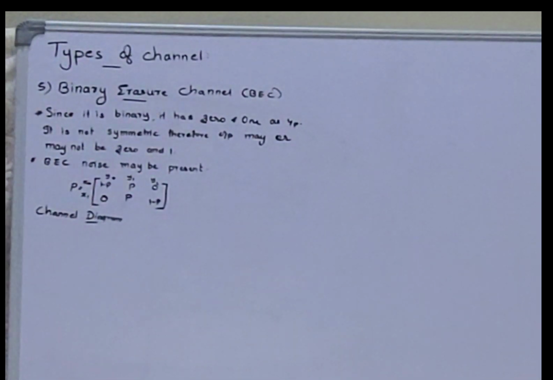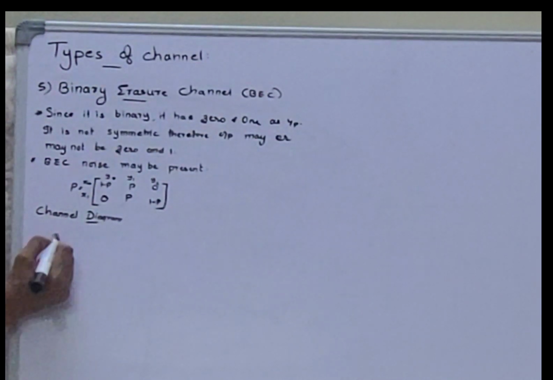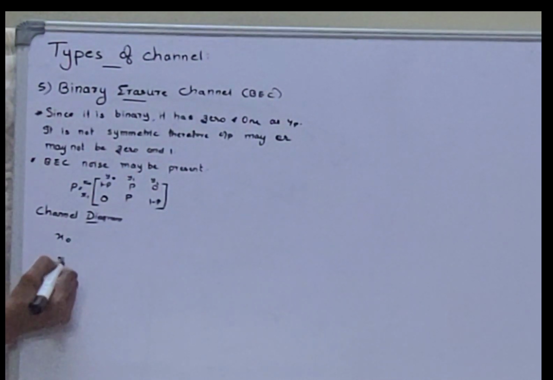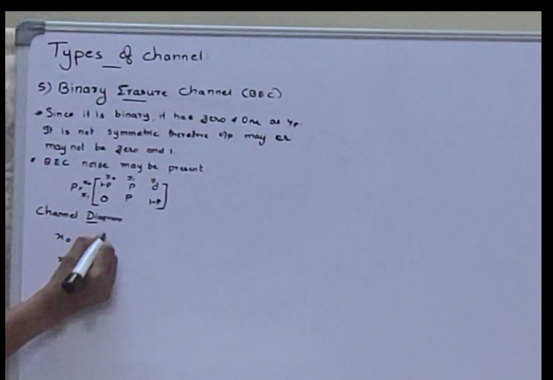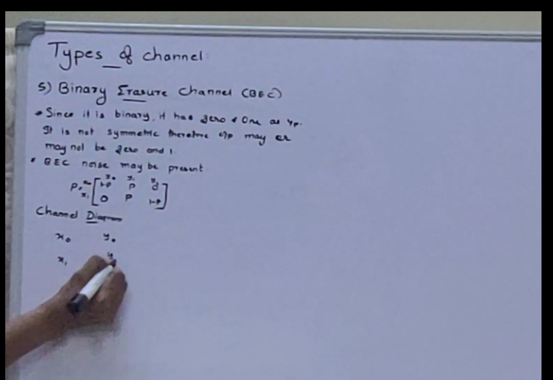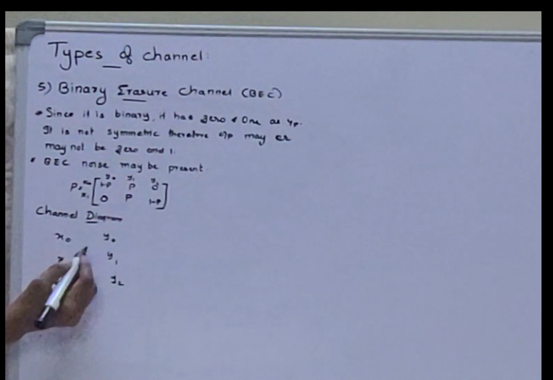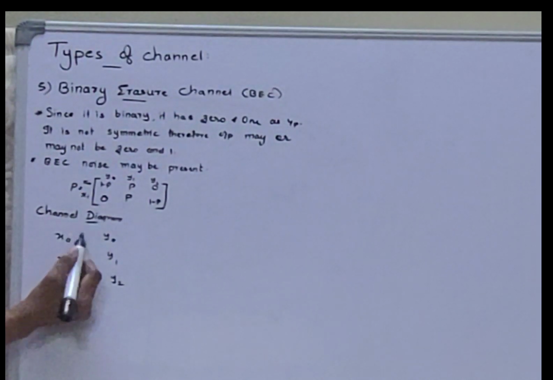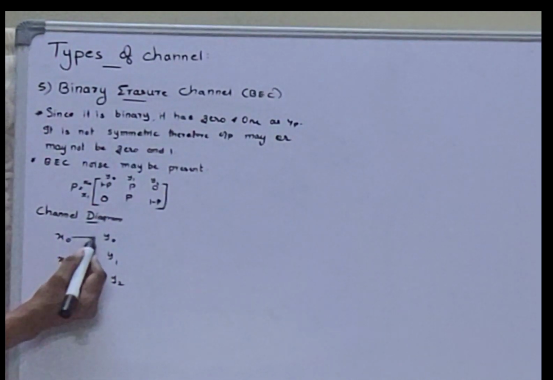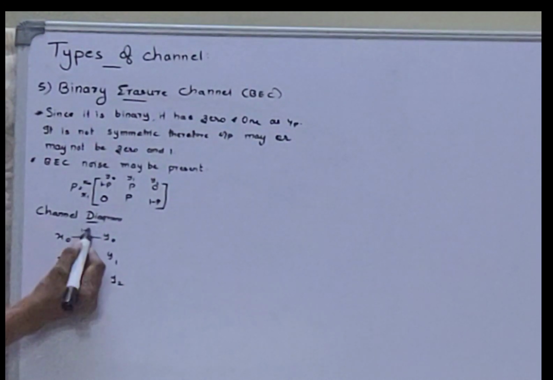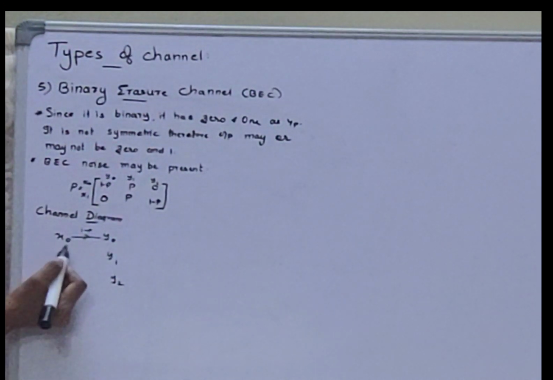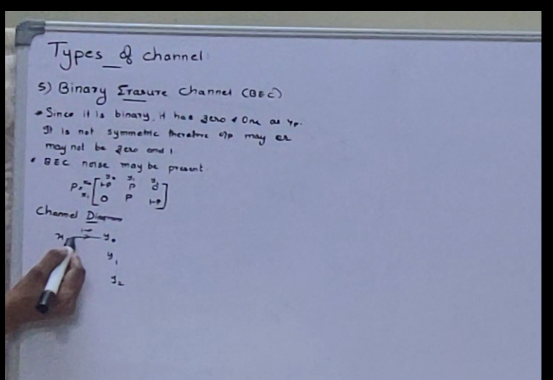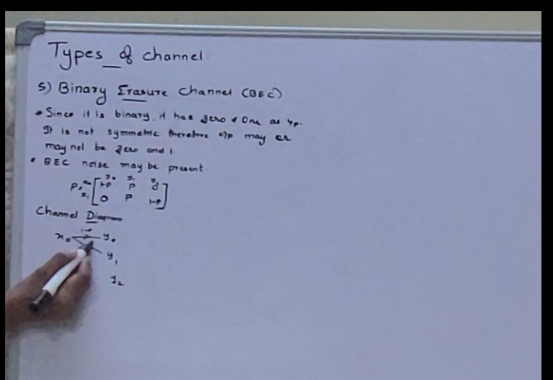And if you are transmitting x1, the probability of getting y0 is 0, y1 is p, and y2 is 1 minus p. So the channel diagram can be written as: there are two inputs, x0 and x1, and three outputs, y0, y1 and y2. When x0 is transmitted, the probability of getting y0 is 1 minus p, and the probability of getting y1 is p.